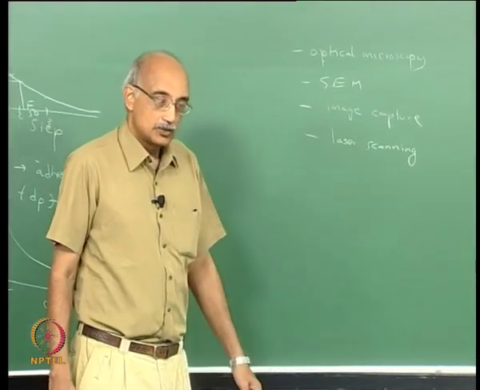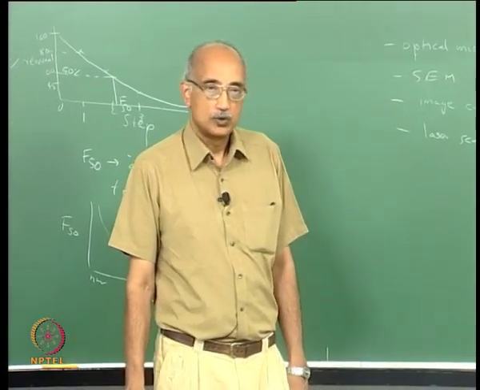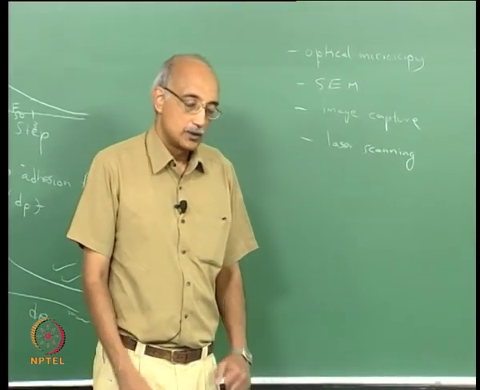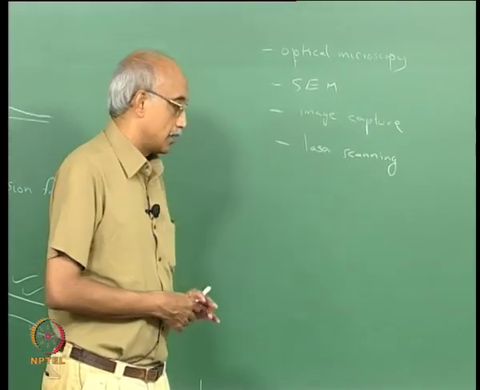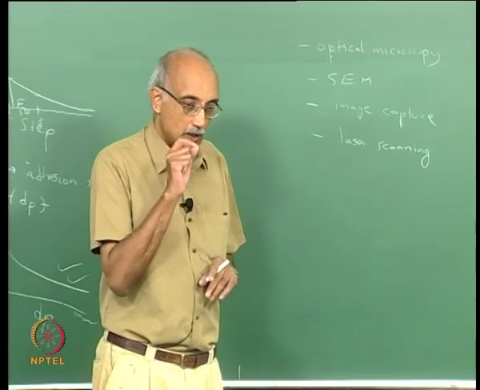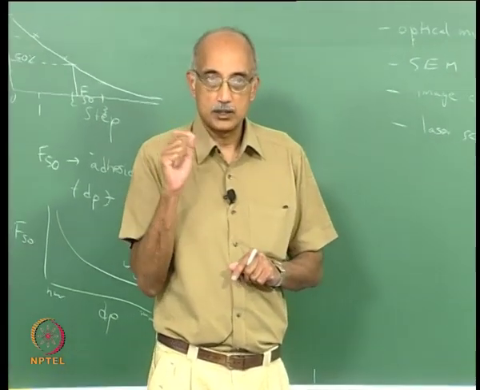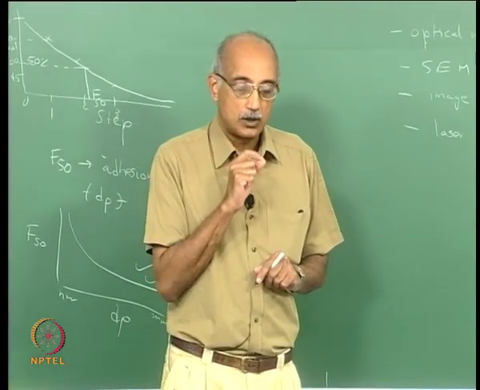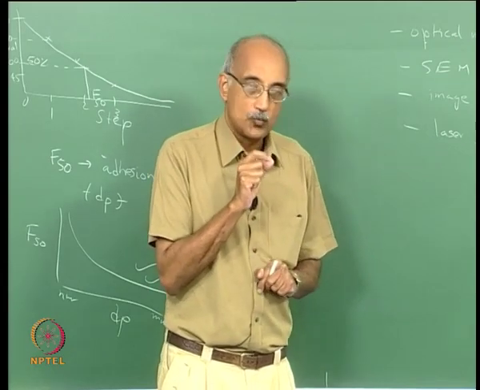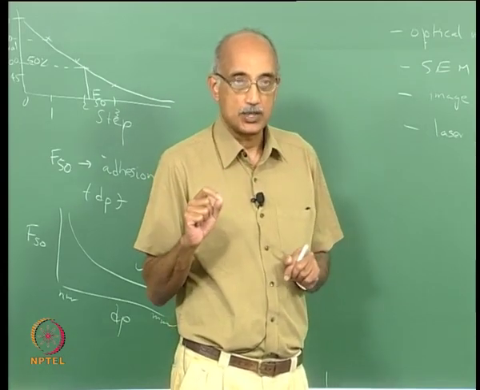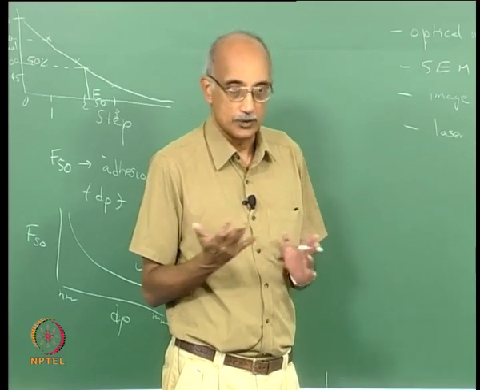A scanning electron microscope, on the other hand, would be required if you are looking at how individual particles are getting dislodged from a surface, or if you want to know how particles in the 1 micron size range are getting removed from a surface.